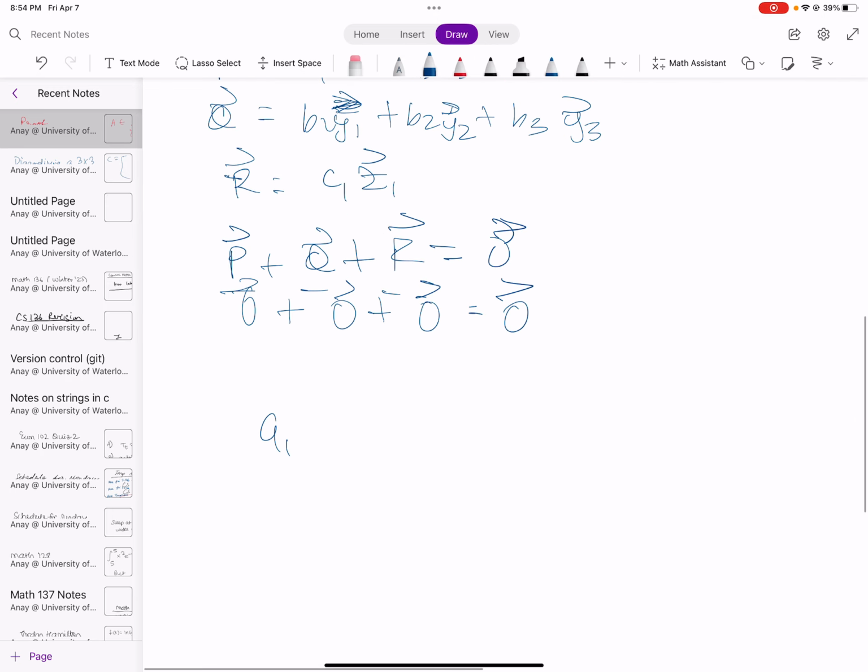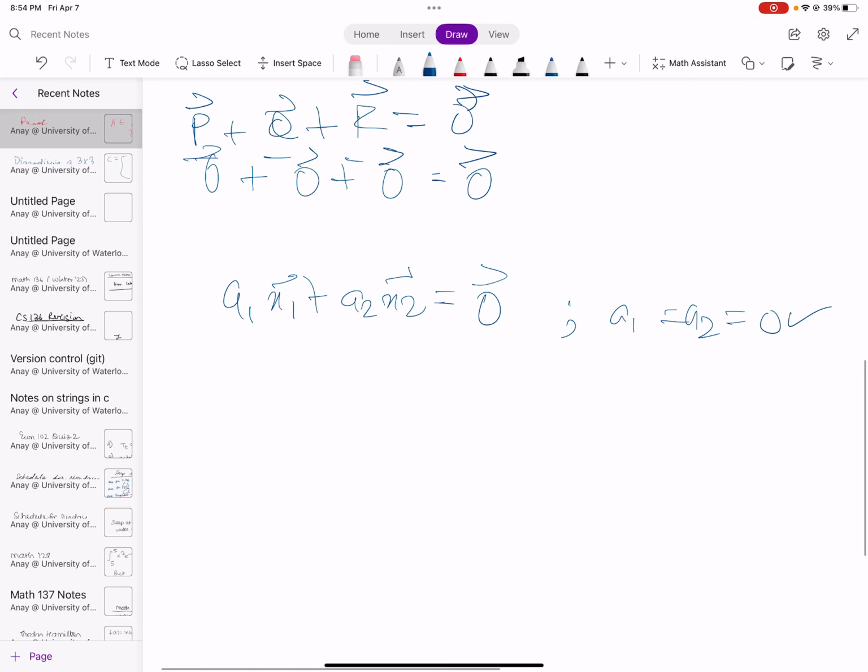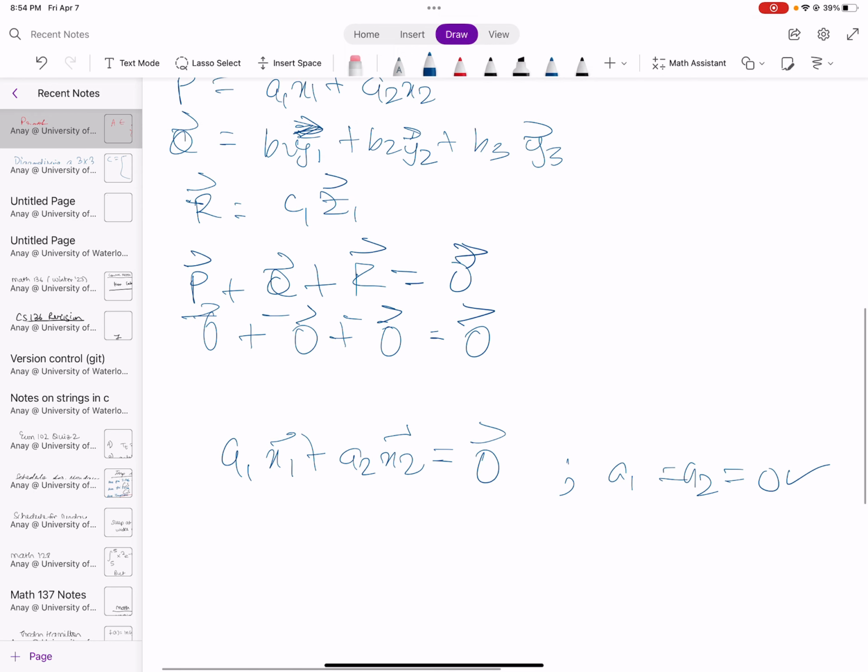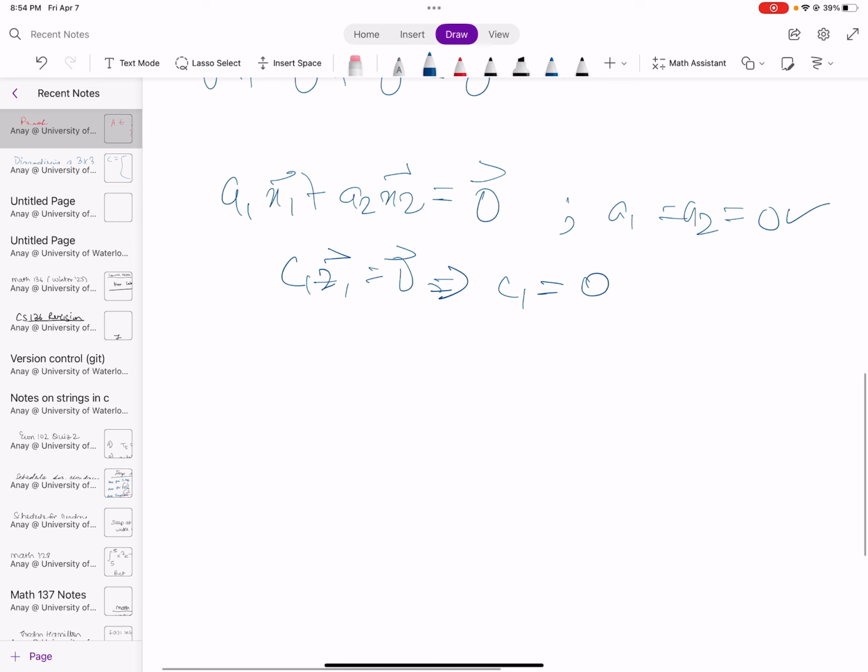Therefore, when this is true, in our case where a1 x1 plus a2 x2 equals 0, then a1 equals a2 equals 0 has to be true. Similarly, we can say this for c1 z1 equals 0, which implies c1 is 0, right?